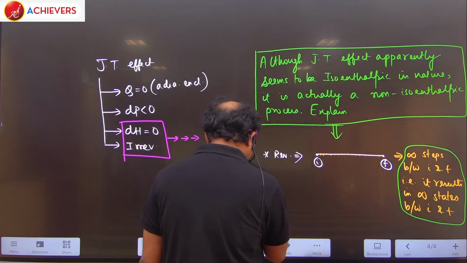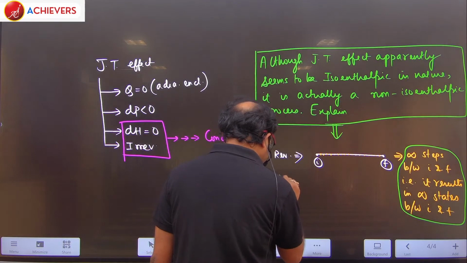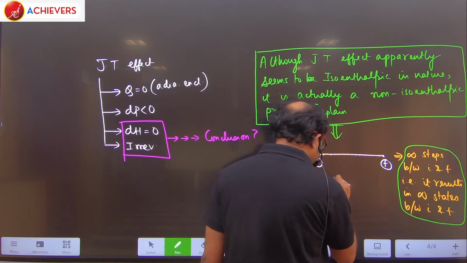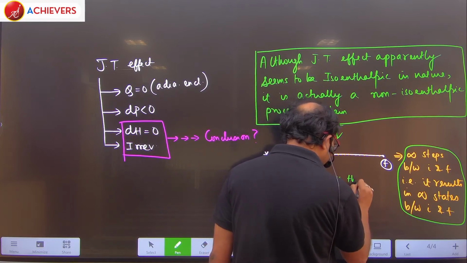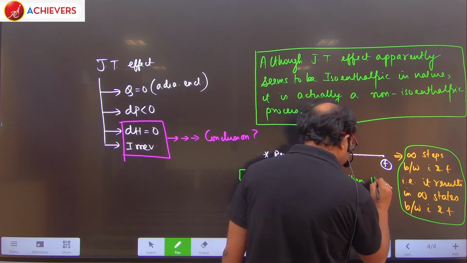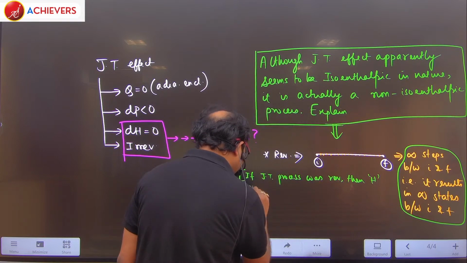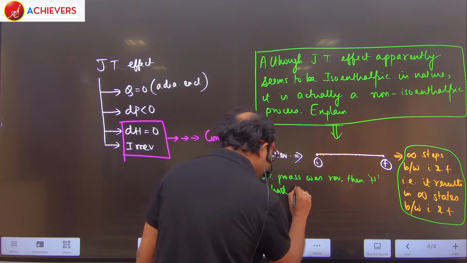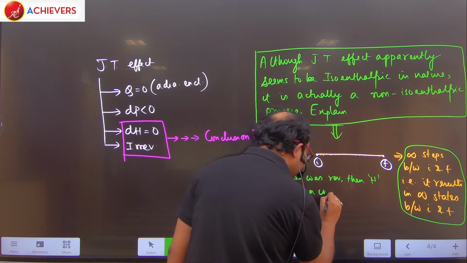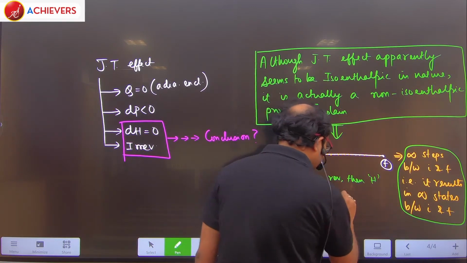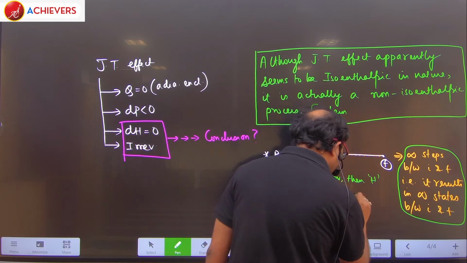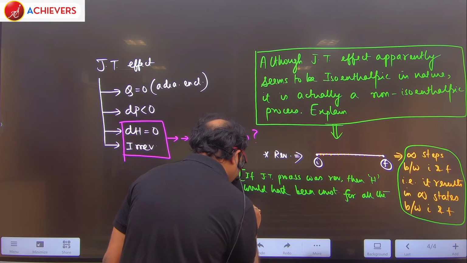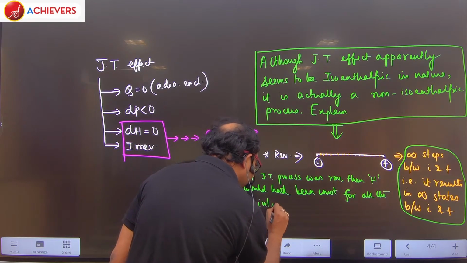So if the Joule-Thomson process was reversible, then H would have been constant for all the infinite intermediate states.